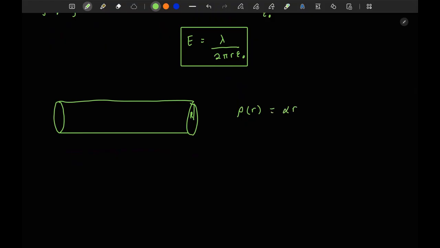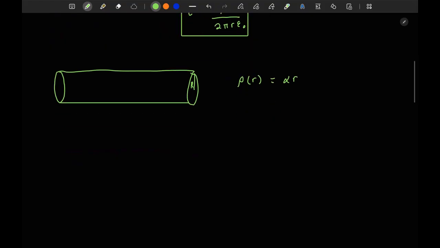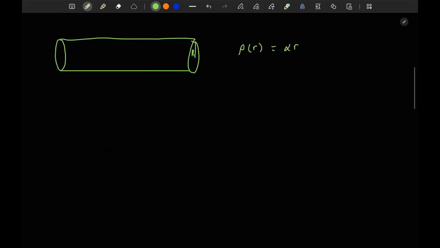So we did a similar scenario with the sphere. Again, I'm not going to redo the left-hand side of Gauss's law. Integral E dot dA is going to equal E times 2 pi r l, where l is the length of now my Gaussian surface, which I'm choosing to embed at a radius less than the cylinder radius. And it has length lowercase l.